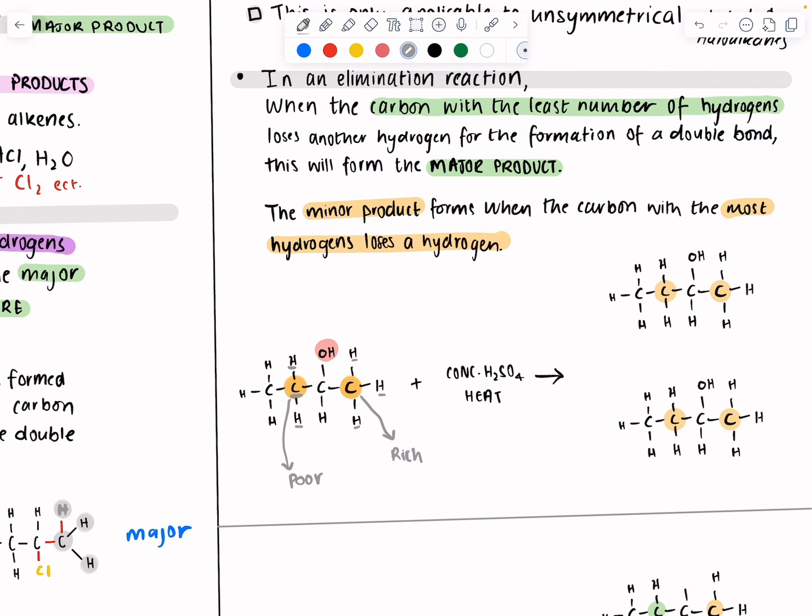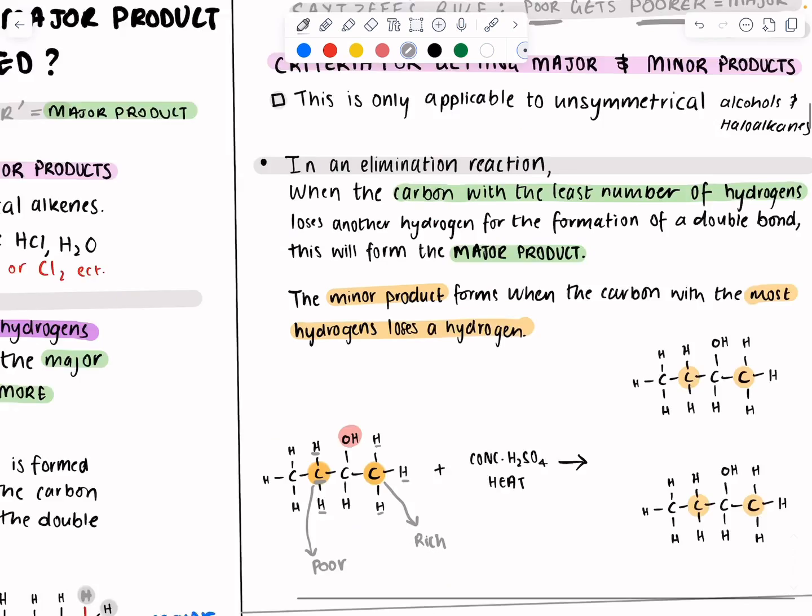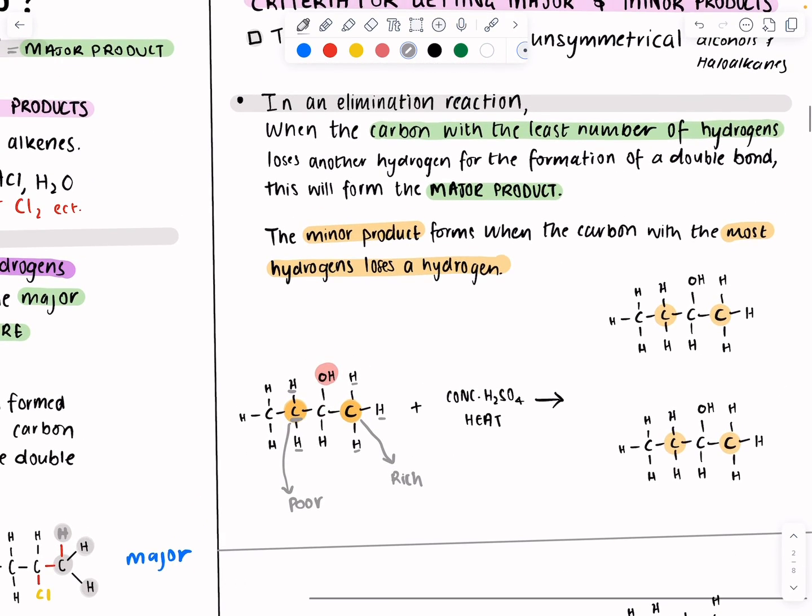All right, according to our rule, we know that if the poor carbon gets poorer, it is going to form the major product. That means if the poor carbon loses more hydrogen, then it's going to be the major product. So let's try and establish that or achieve that.